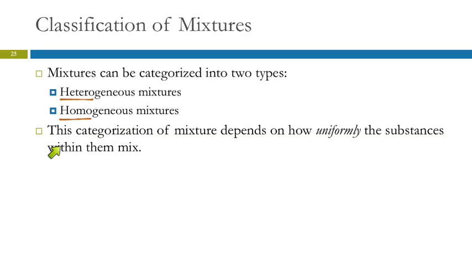So homogeneous means that this mixture is the same throughout. Heterogeneous means that there's different things in it. You can see different layers, or there's chunks or lumps or something. There's pockets of one thing within the other. So the categorization is based on how uniformly the substances mix.